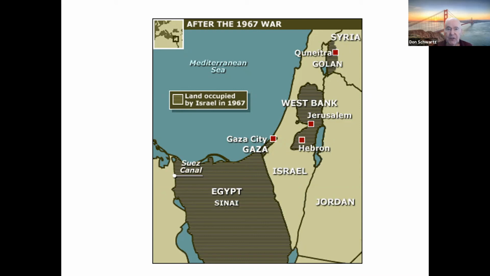Unlike 1956, when Eisenhower forced Israel to withdraw from Egypt, President Lyndon Johnson merely called for a ceasefire, which meant that the fighting should stop immediately and each country's forces would remain where they were. That allowed Israel to remain indefinitely in possession of the Arab territories it had seized.